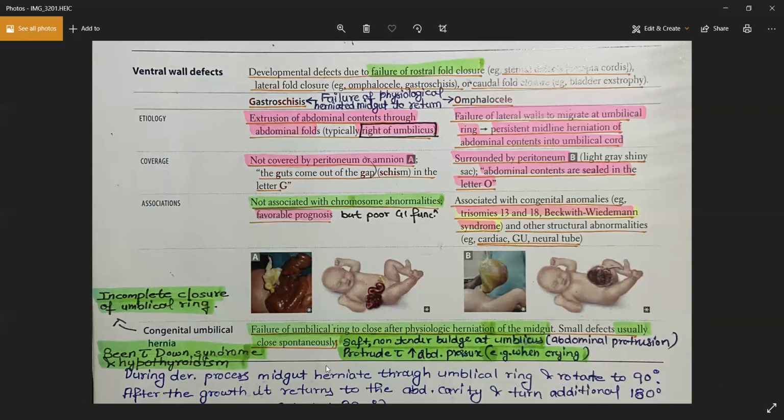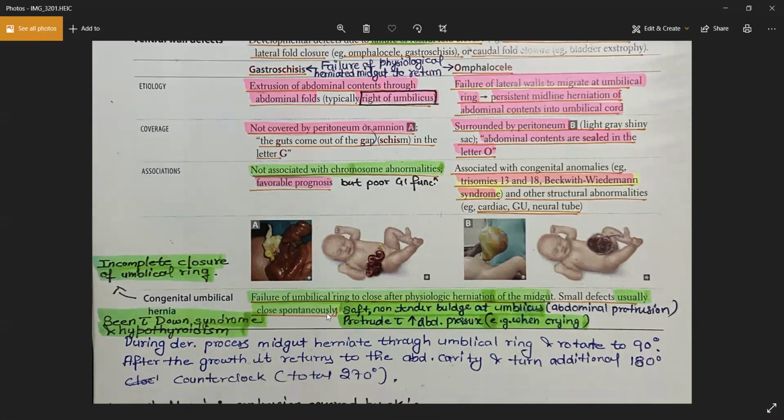But in case of a congenital umbilical hernia, you have the herniation of the contents, and these contents will be surrounded by the skin. So it is kind of a protrusion which is covered by the skin, a kind of bump on the abdomen.